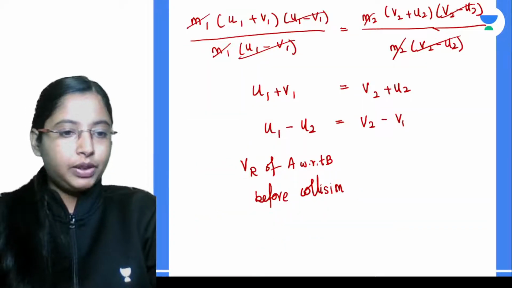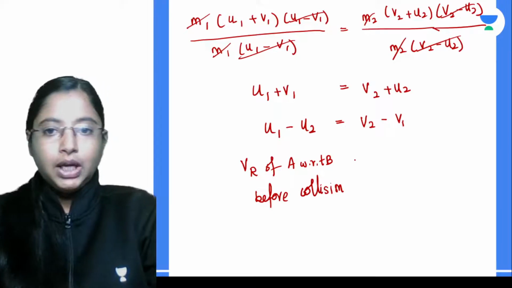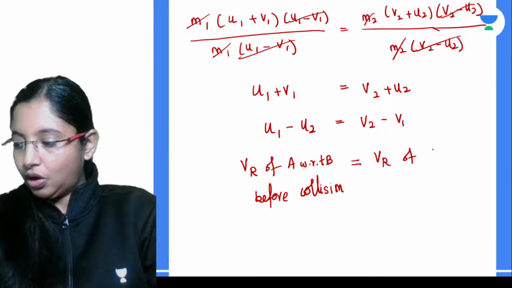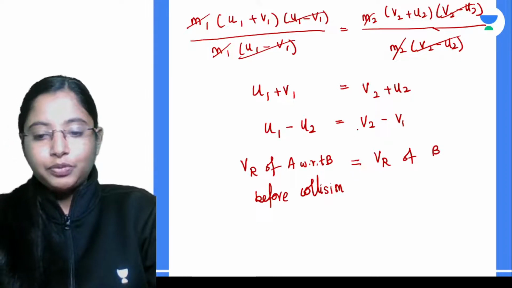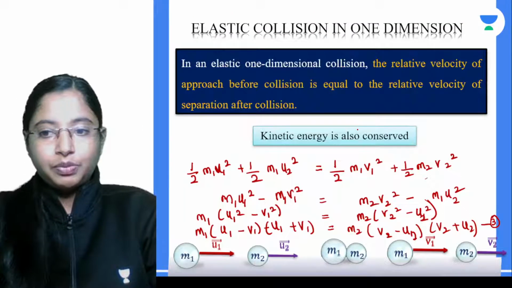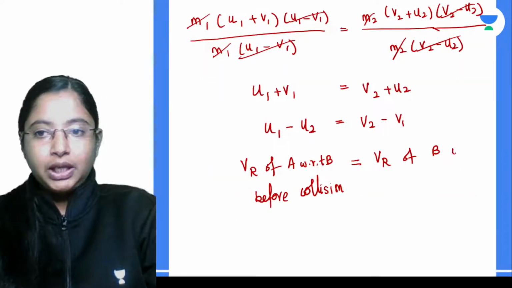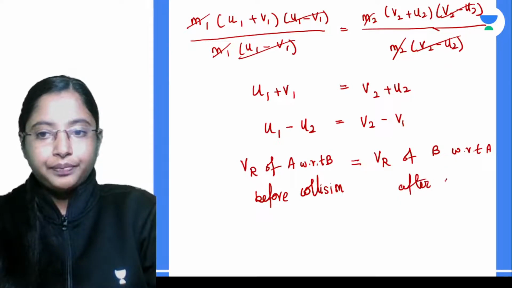This will be equal to v2 minus v1, which is very simple: the relative velocity of object B with respect to object A, but this is after collision.